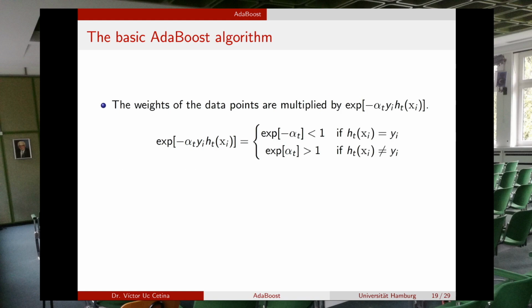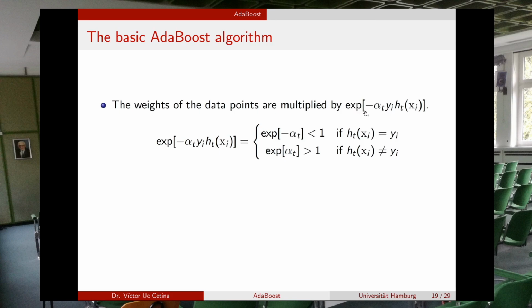Okay, now look at this expression here where we have the exponential of minus alpha times y, which is the label of example I, and h of x, which is the predicted label for the example I. Remember also that y could be only -1 or +1.